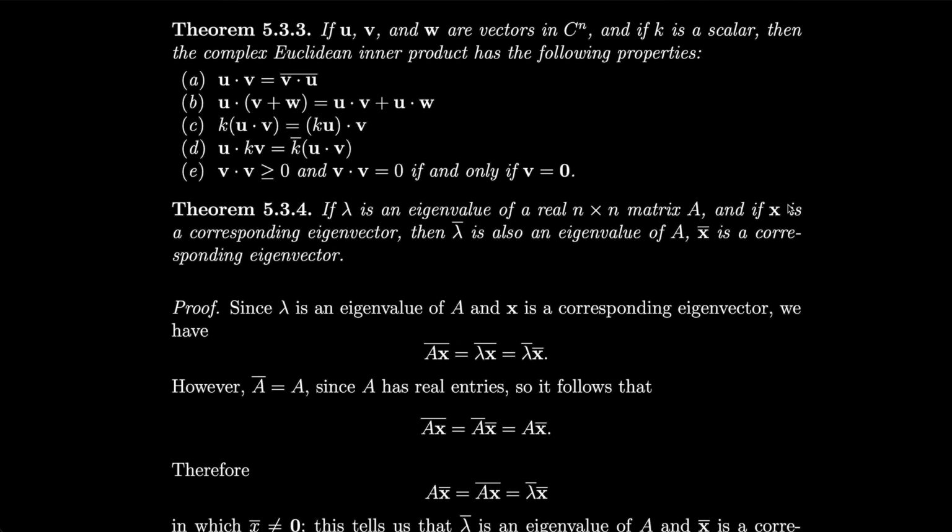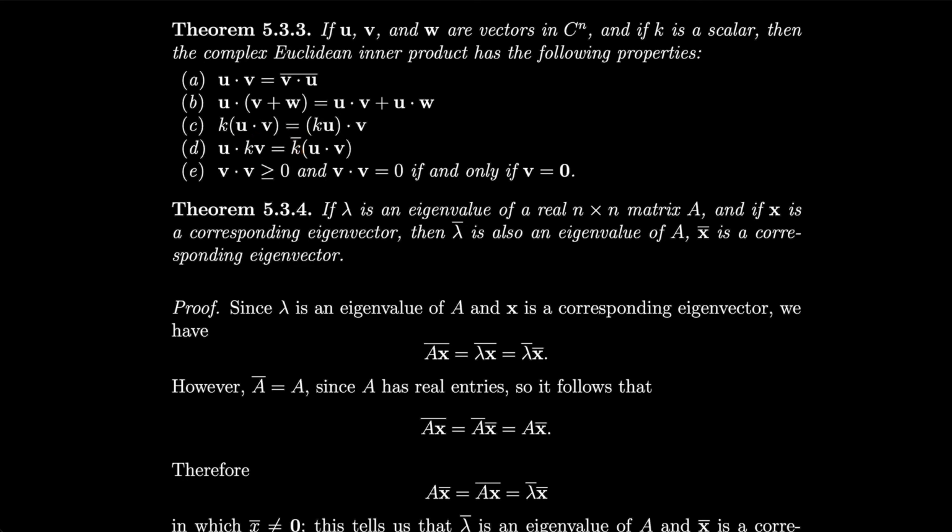If u, v, and w are vectors in Cn, and if k is a scalar, then the complex Euclidean inner product has the following properties. u dot v is the conjugate of v dot u, which makes sense considering that we basically saw that in the previous example. u dot (v plus w) is u dot v plus u dot w. That product is still distributive over addition. The scalar distributive property still holds. (k times u) dot v is k(u dot v). u dot kv is k bar (u dot v).